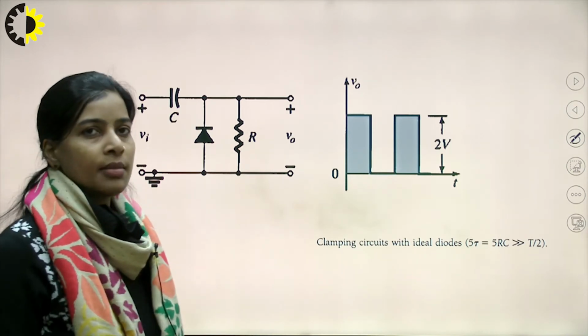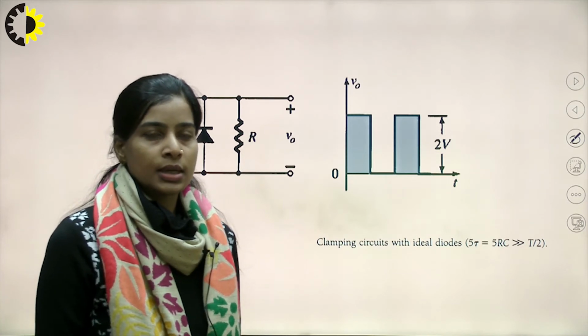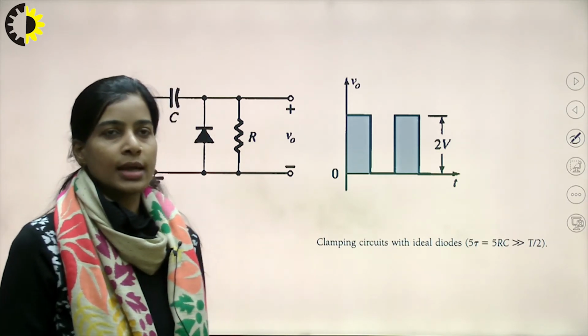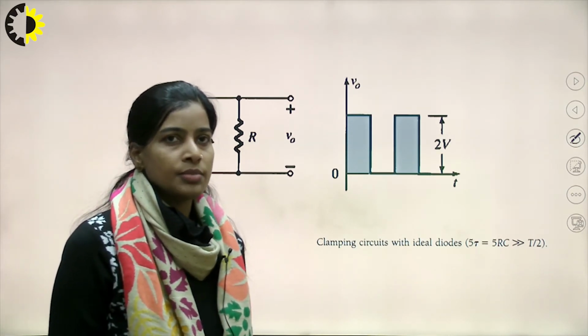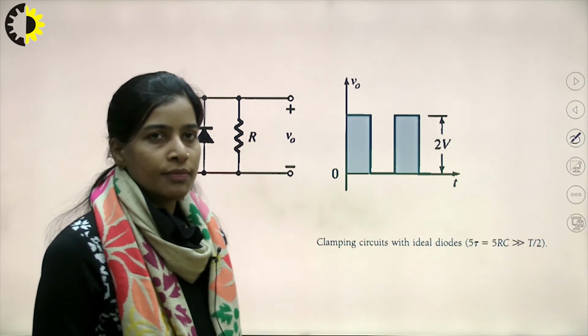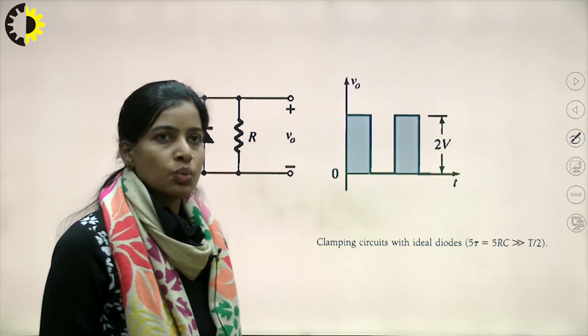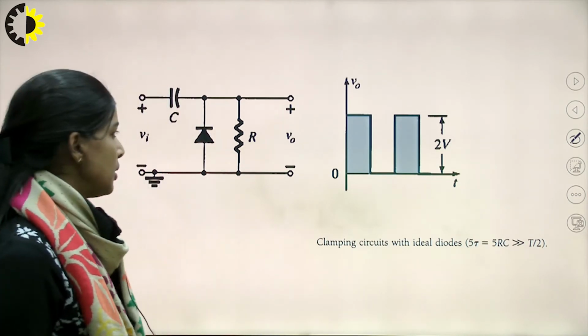The first diagram that we discussed for the clamper circuit is the one in which we clamped one portion, and we saw that its magnitude on the negative side was doubled.